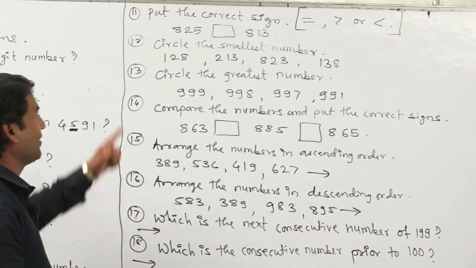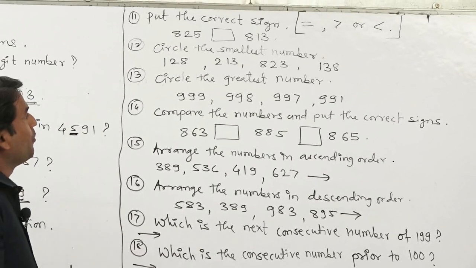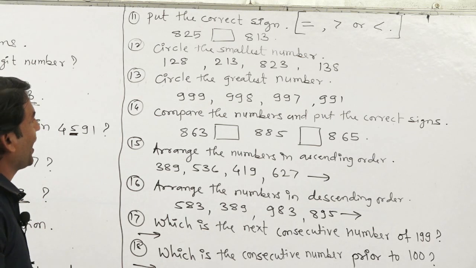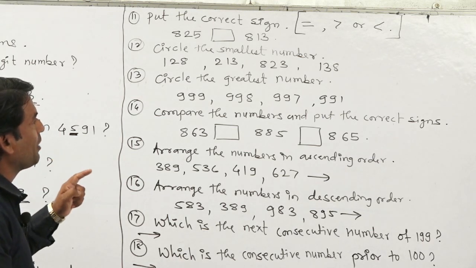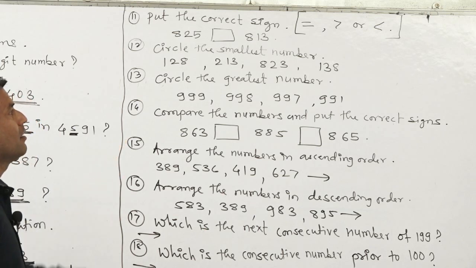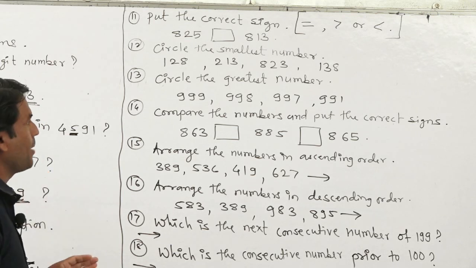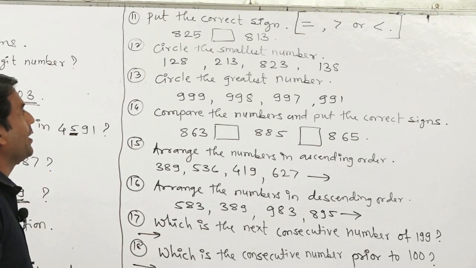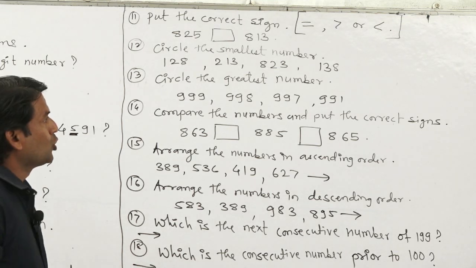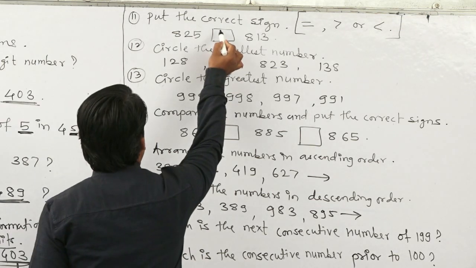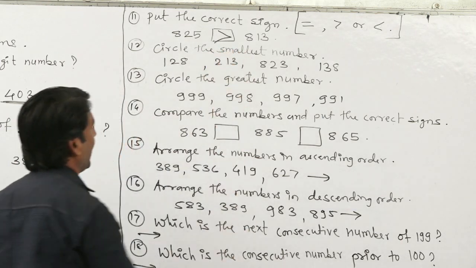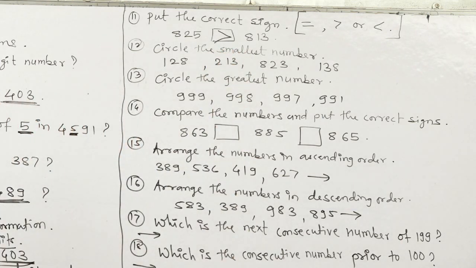We have to compare these two numbers and put the correct sign in the box. The numbers given are 825 and 813. These numbers are not equal, they are not the same. So 825 is greater than 813. So we have to put the greater than sign.